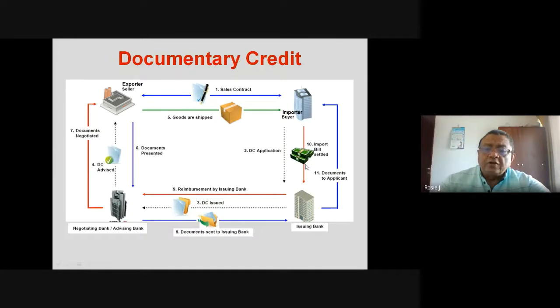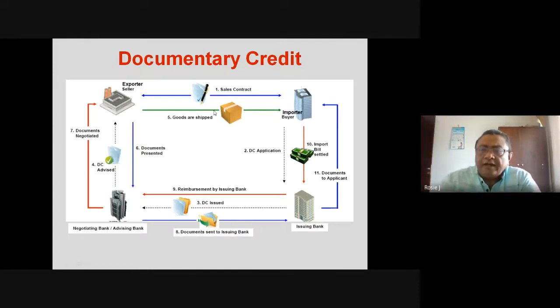If the importer does not accept it, he doesn't get it. Until such time, he does all this at a risk. But when he's given a documentary credit, before he could start, the issuing bank is giving him an undertaking. You saw the difference. How secure a documentary credit is.